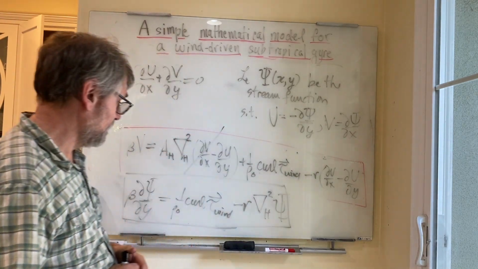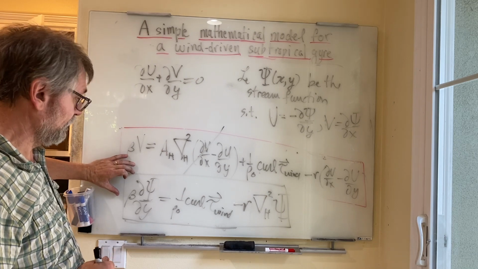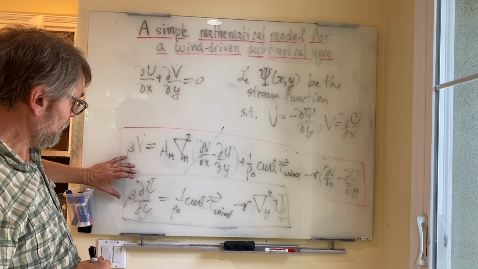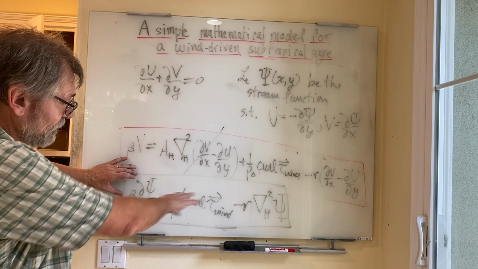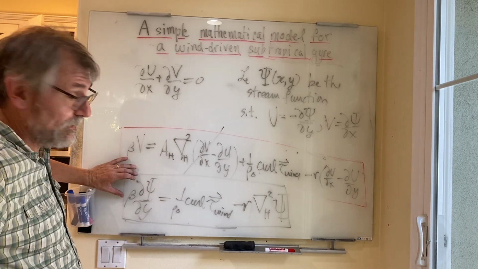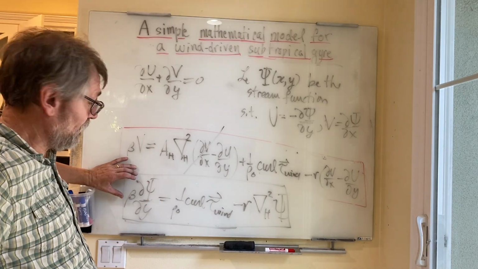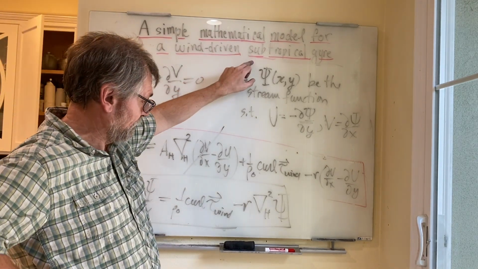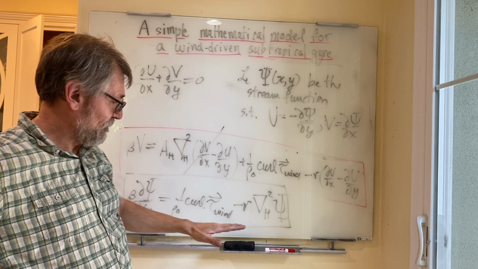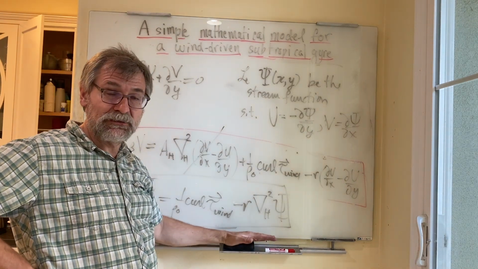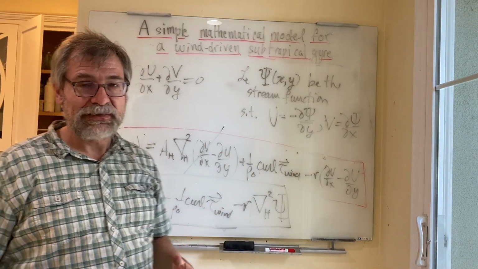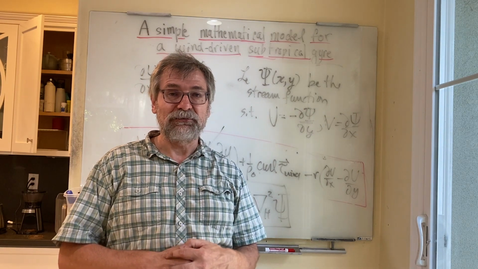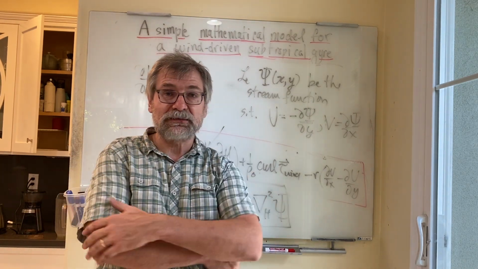So that makes the solution of the problem much simpler. So this will be our linearized, no nonlinear terms. We dropped them when we dropped the inertial term because the Rossby number is small. The linearized vorticity balance for a subtropical gyre. And from this mathematical expression, we will solve it on the computer and get pictures of the stream function and the currents in the gyre.